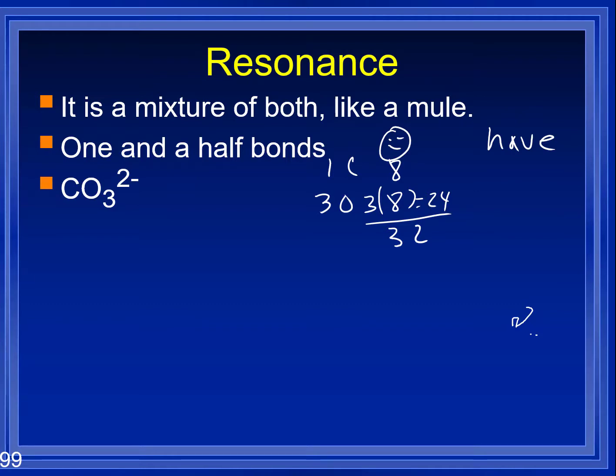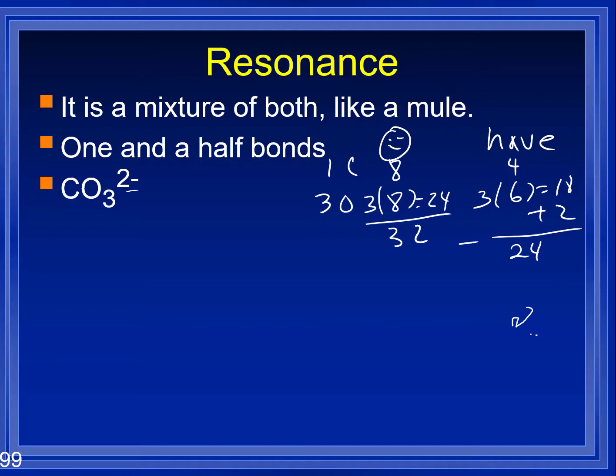Okay, have: carbon has 4. Oxygen has 6. There's 3 oxygens. 3 times 6 is 18. That 2 minus means 2 extra electrons. So I got to add 2. So 2 plus 18 plus 4 is 24.